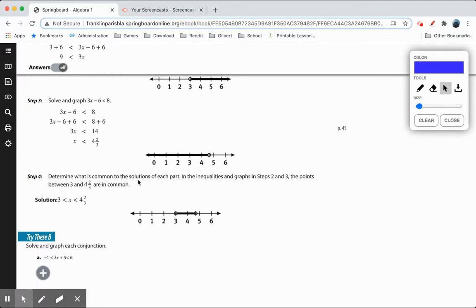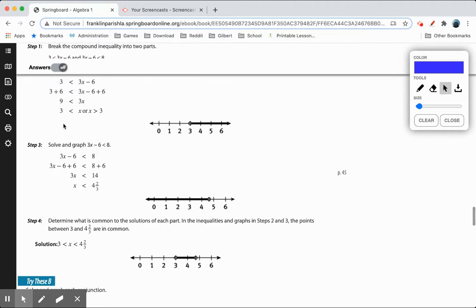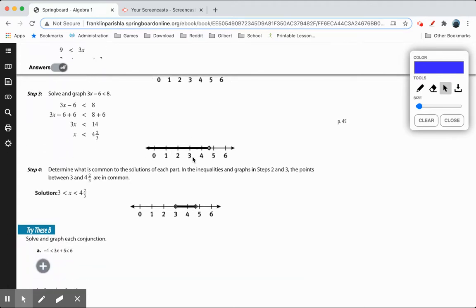Determine what is common to the solutions of each part in the inequalities and graphs in steps 2 and 3, and the points between 3 and 4 and 2/3 are in common. So this was greater than 3, but less than 4 and 2/3. When we put these two graphs together, they sort of meet in the middle.